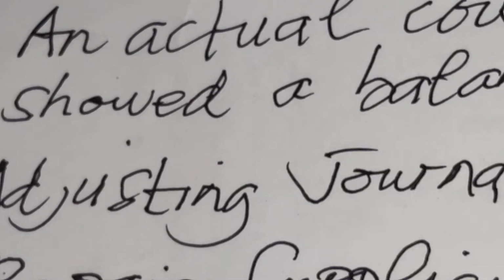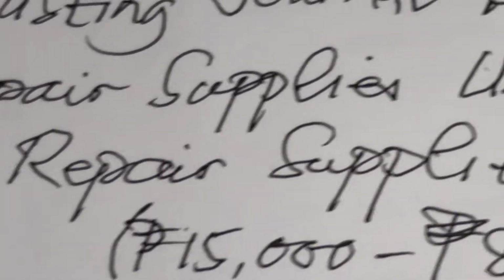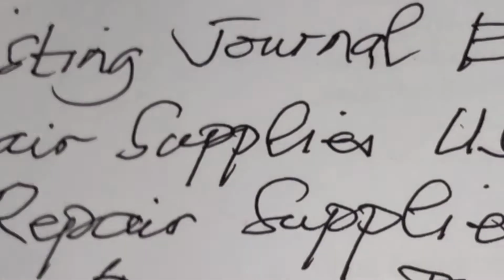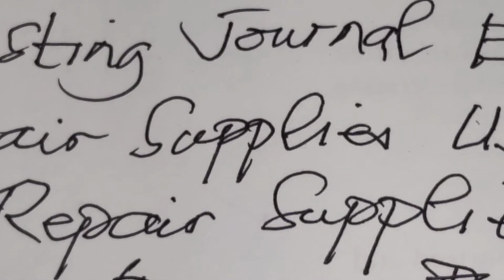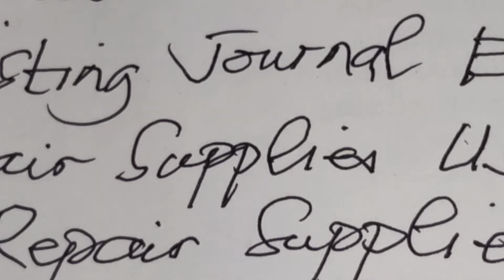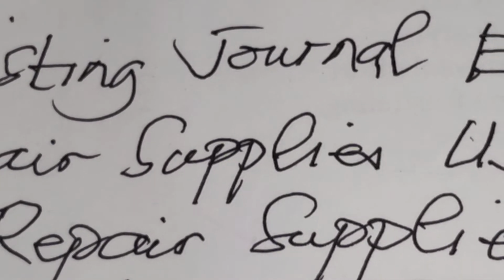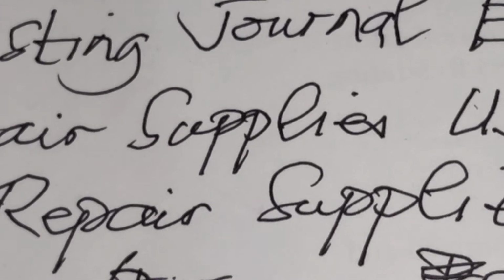So what will be your adjusting journal entry? Your repair supplies decreased. Repair supplies is an asset, and the normal balance of an asset is debit. So any credit to an asset decreases the amount of the asset, which is why repair supplies is credited.